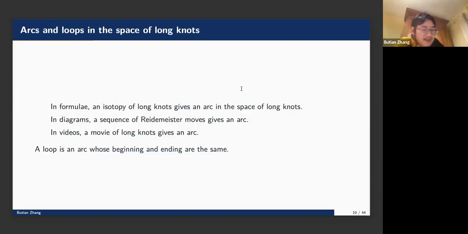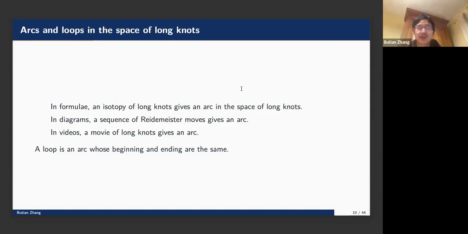If you write an explicit isotopy formula, this gives an arc in this space. And if you are describing using diagrams, an arc in this space is given by a sequence of Reidemeister moves.